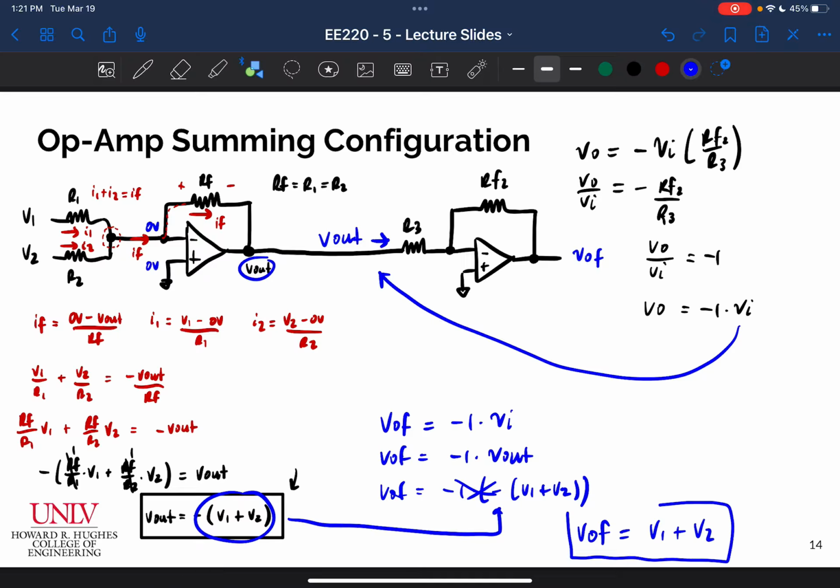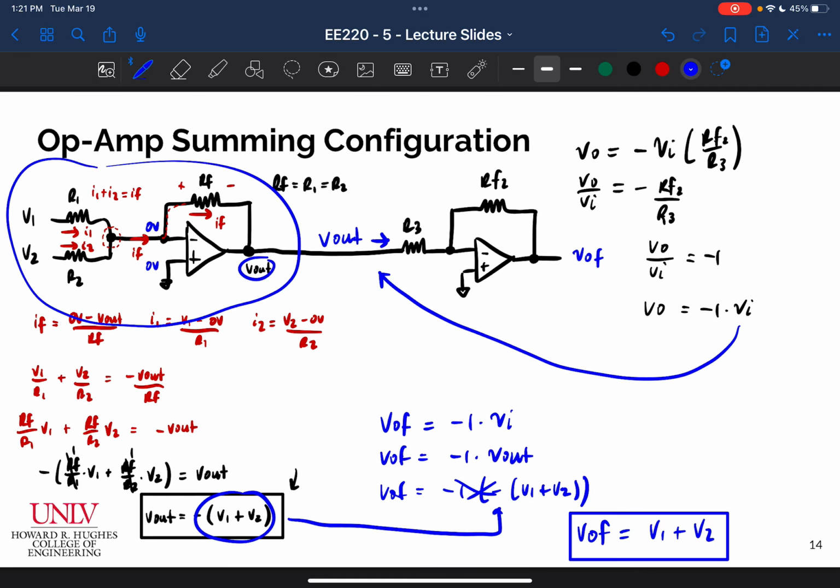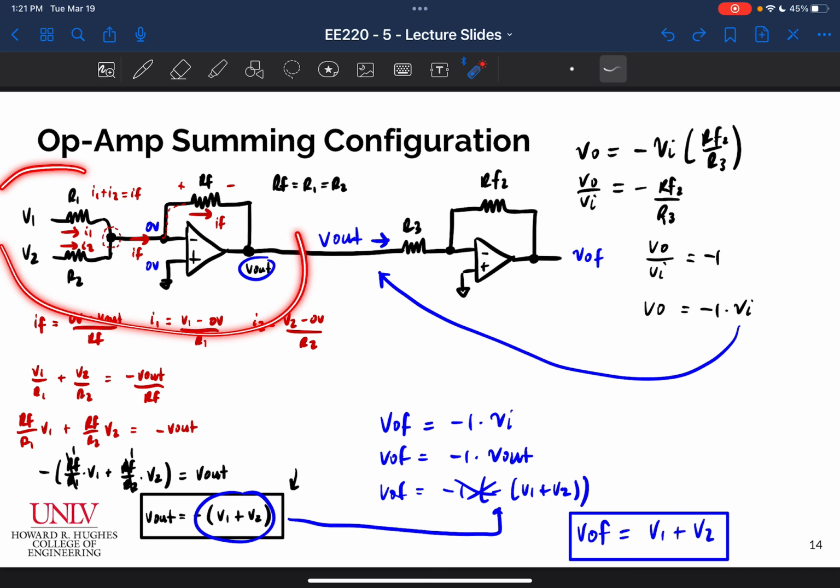And so if I want to use my summer to get a positive sum of the two input voltages, I can do that by meeting a couple of conditions. By first making sure that for my summing stage, or this first circuit here, I have to ensure that RF is equal to R1 is equal to R2.